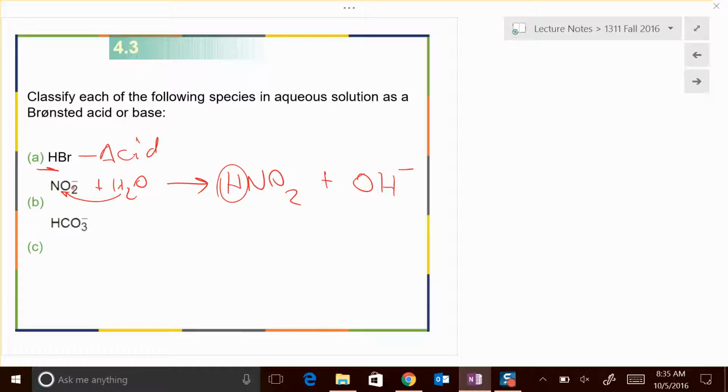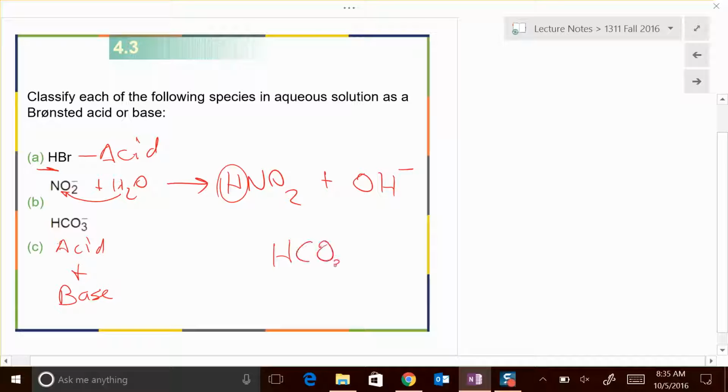Okay, HCO3 minus. Acid. Okay, acid and base. So you could consider it this way. HCO3 minus can either go to CO3 2 minus, or it could go to H2CO3.